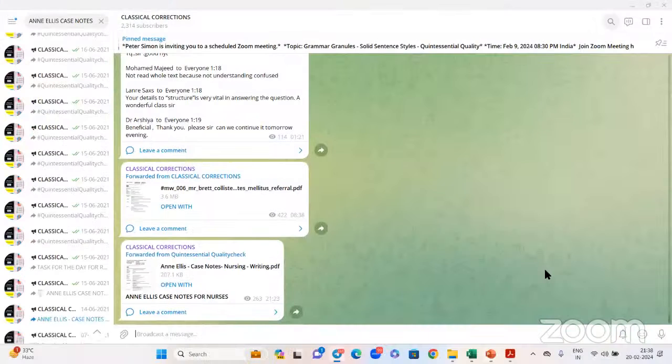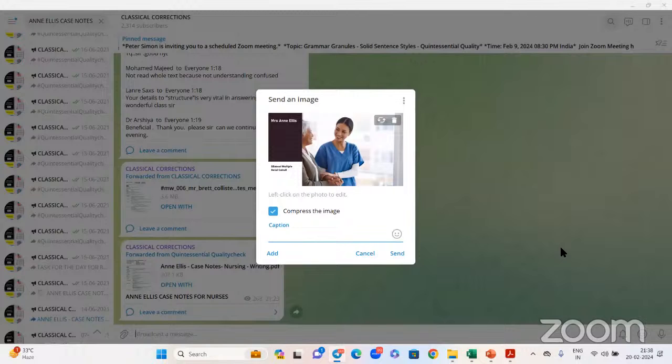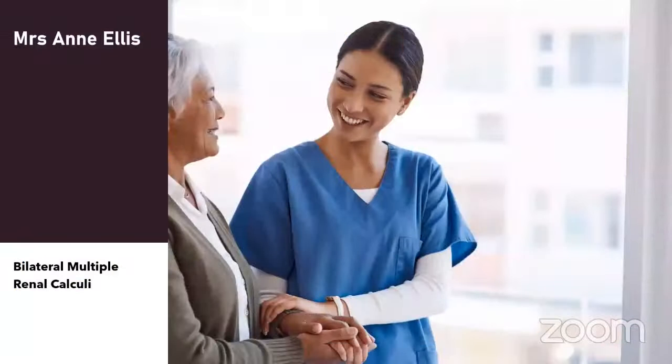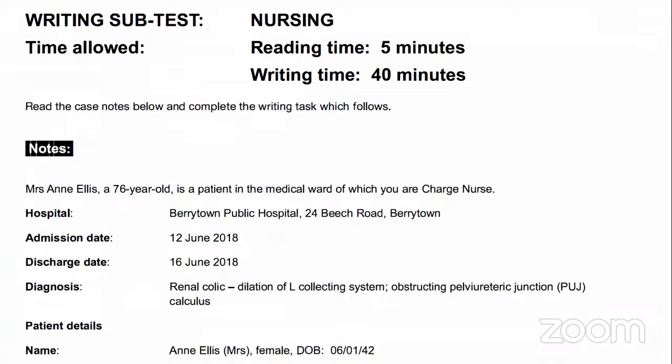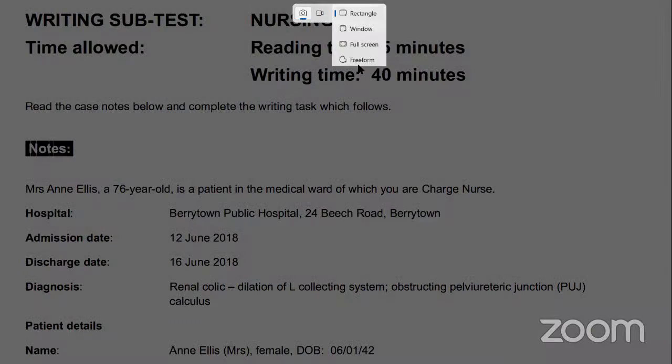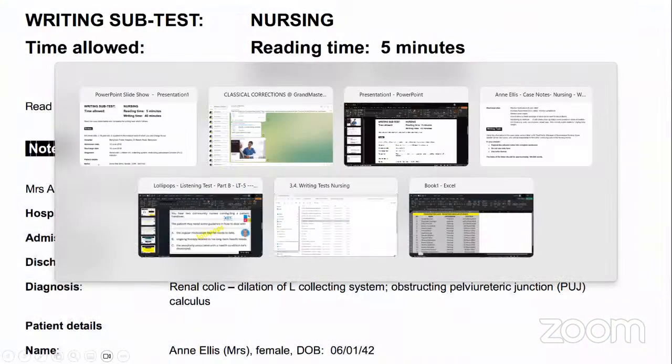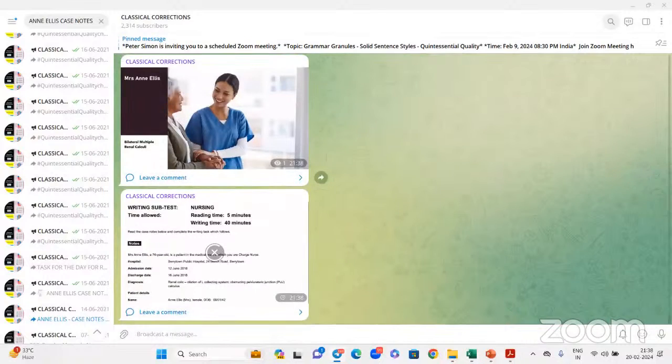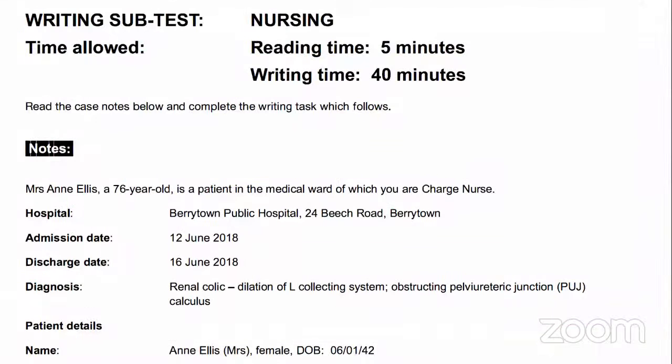Afterwards, you can take from here. Now go through this one. Reading time 5 minutes and the writing time 40 minutes. When you are reading, you should not touch your pencil, you should not touch your paper. Just read it.